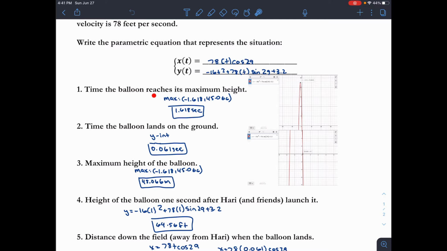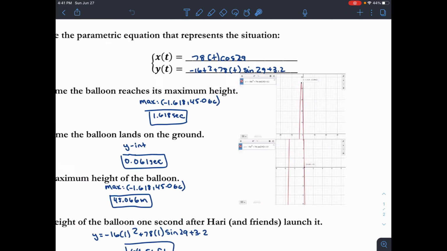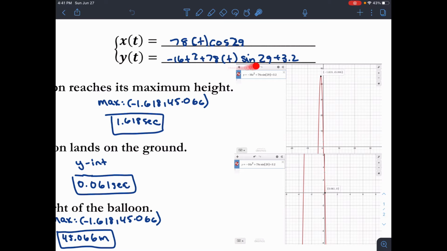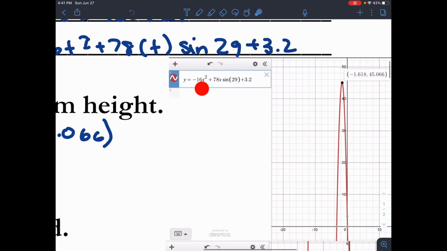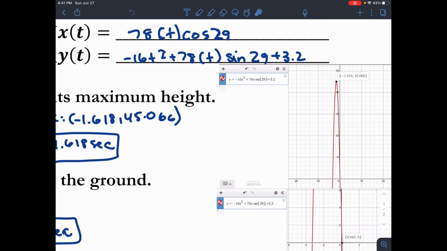To find the time the balloon reaches its maximum height, we have to graph the y because that's our vertical height. So we graph y equals negative 16t squared plus 78t times sine 29 plus 3.2. Inside of this, we put the x for t and graph it.